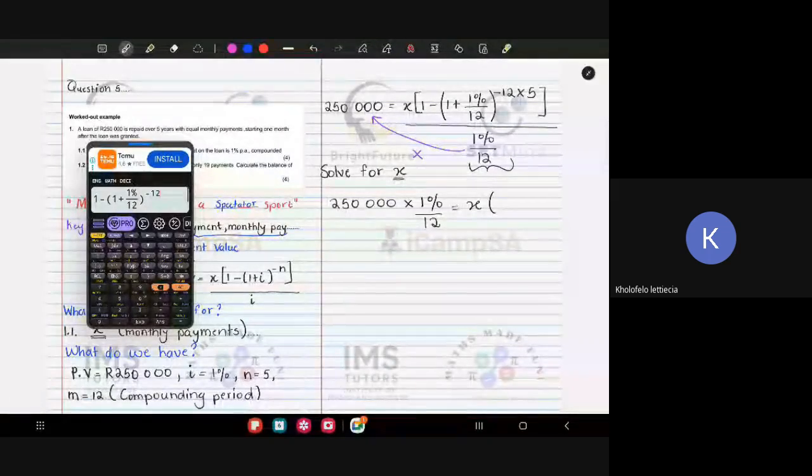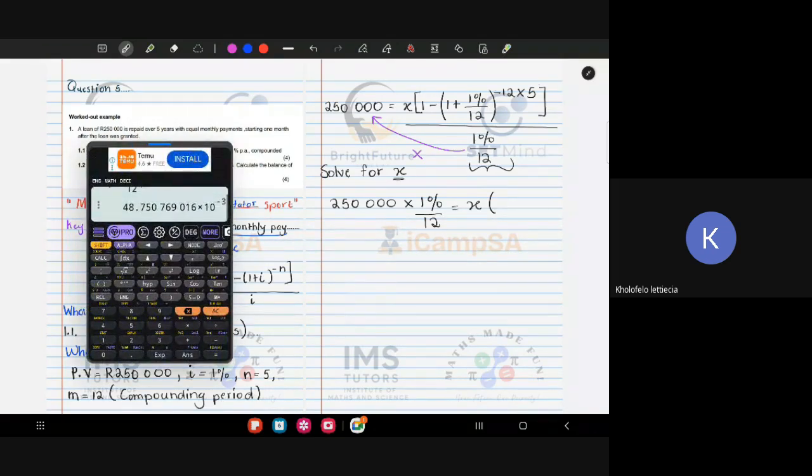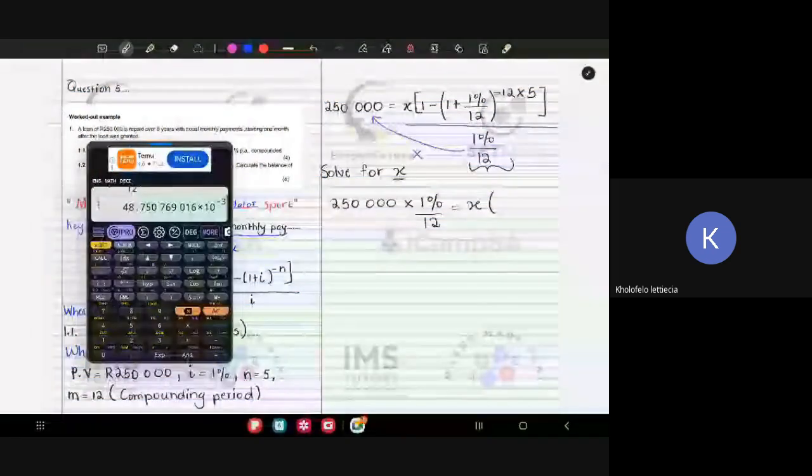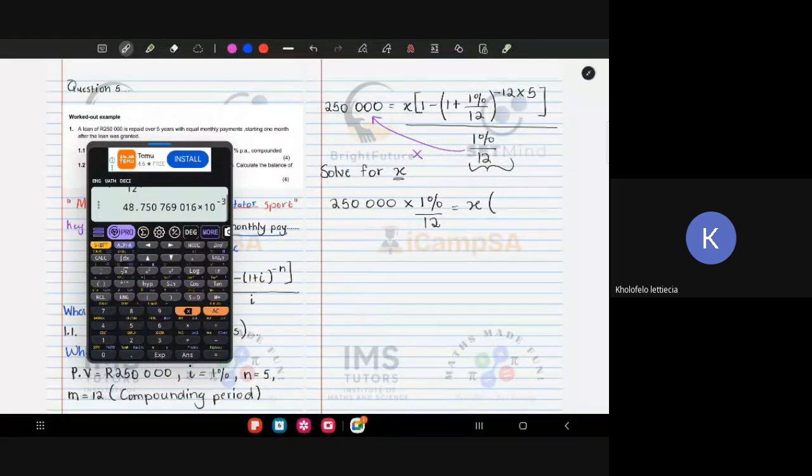It's 0, comma. You're getting what? 0, comma 0, 4, 8, 7, 5, 0, 7, 6, 9, 0, 2. Okay, let's make it maybe 4 or 5 decimal places.